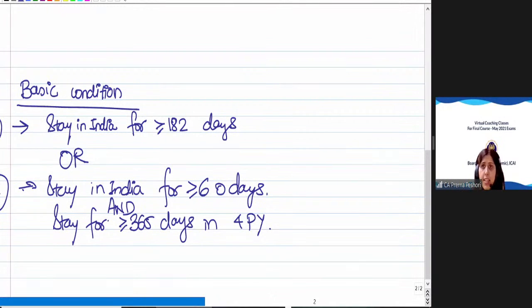Now, to this condition, there are certain exceptions which are created. And what are those exceptions? Let's understand.